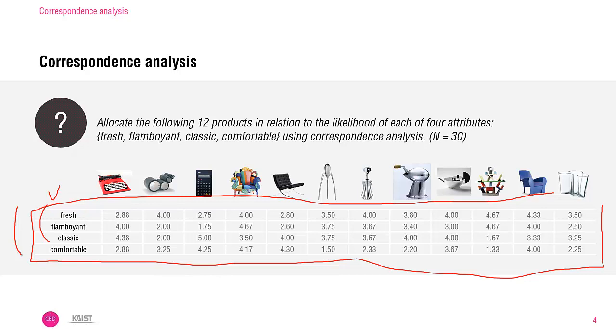And before we conduct chi-square test, actually we have a problem. The scores are averaged values measured on a 5-point Likert scale by 30 people. So all cells actually contain the scores smaller than 5.